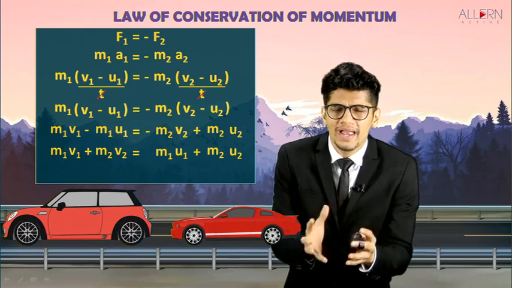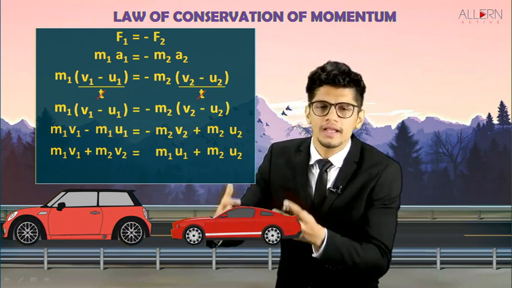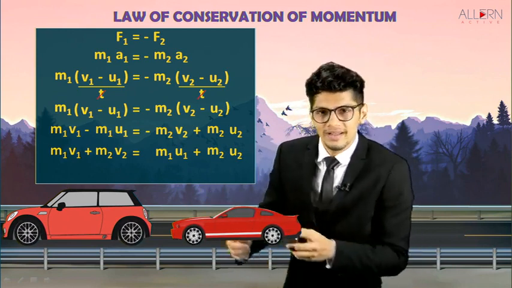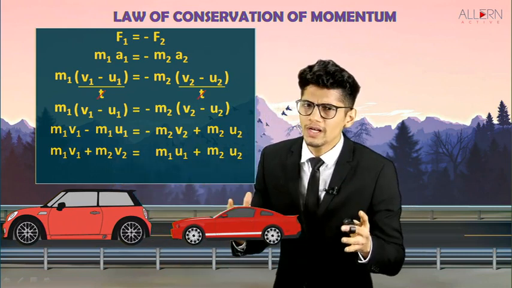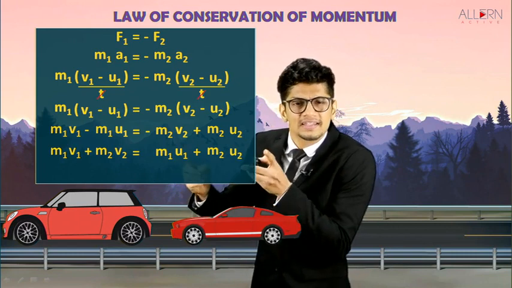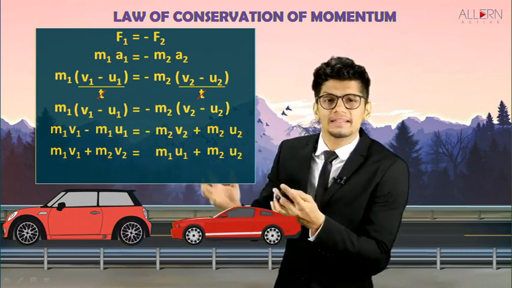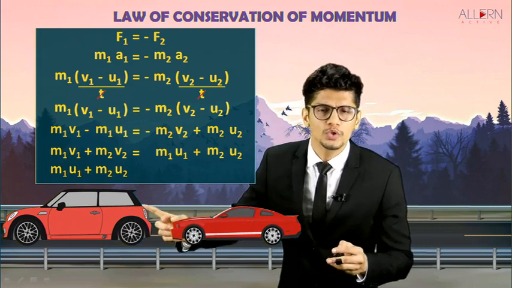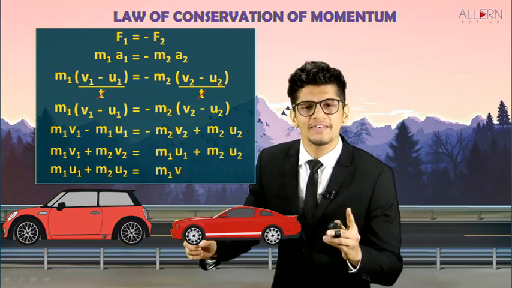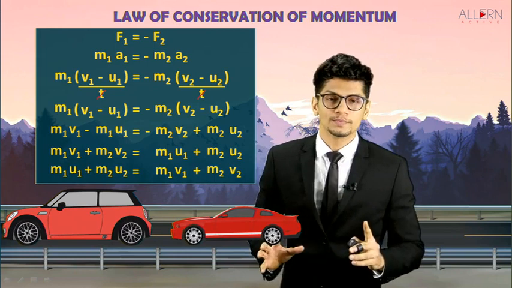Now we know that if A is equal to B, then B is equal to A. Similarly, this entire term will be equal to that entire term. So what we'll do right now is shift this side over to that side and bring that side to this side. So what do we get? m1 u1 plus m2 u2 is equal to m1 v1 plus m2 v2.